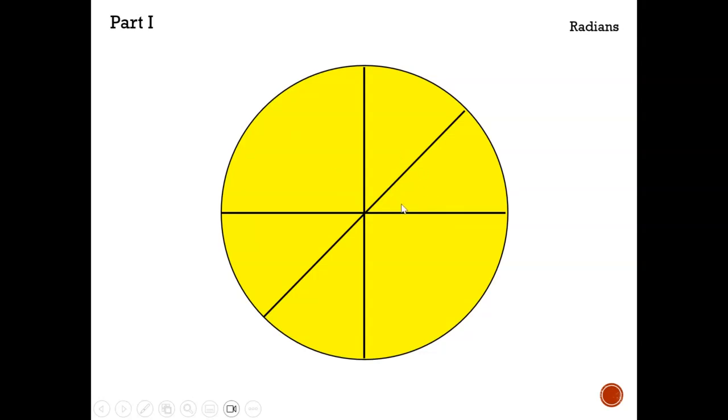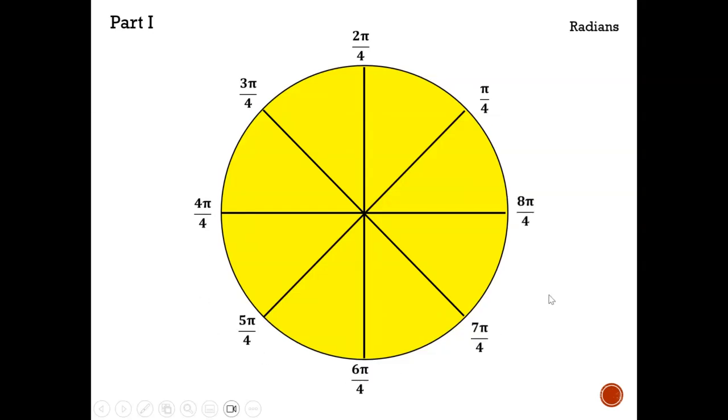You see, each quadrant, I'm going to cut in half. So now we're going to count by pi over 4. This will give us pi over 4, 2 pi over 4, 3 pi over 4, and then 4, 5, 6, 7, and 8 pi over 4. Now these are the ones that can be reduced.